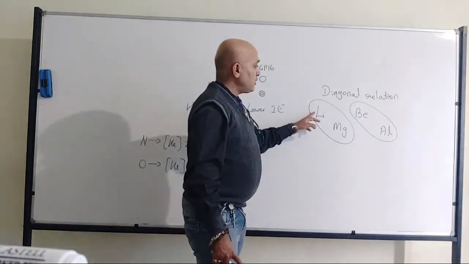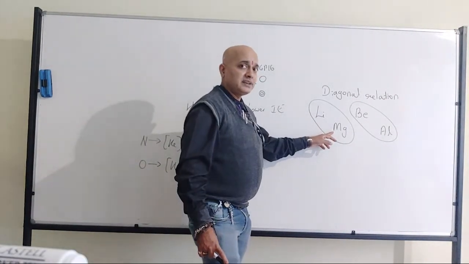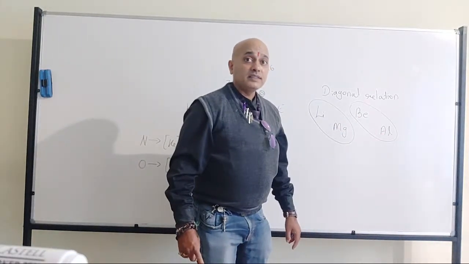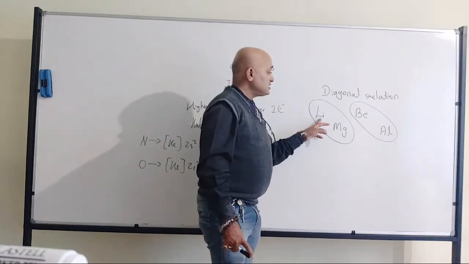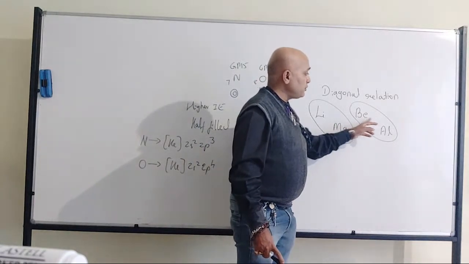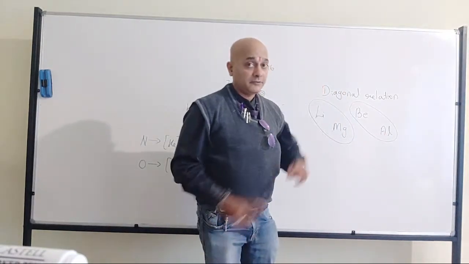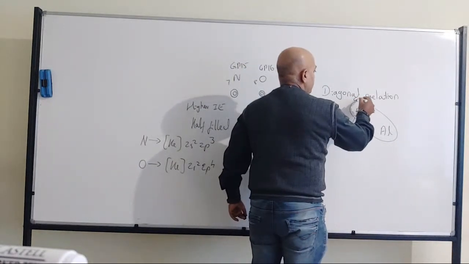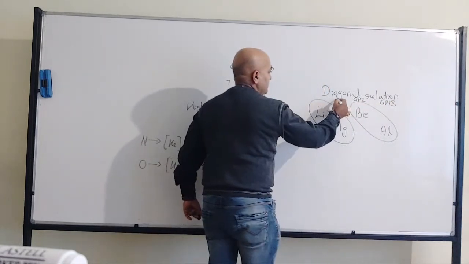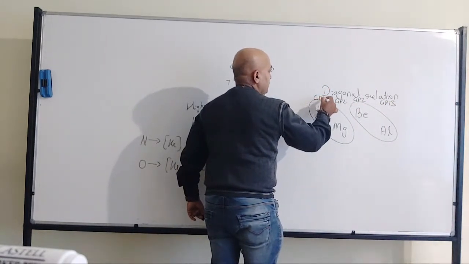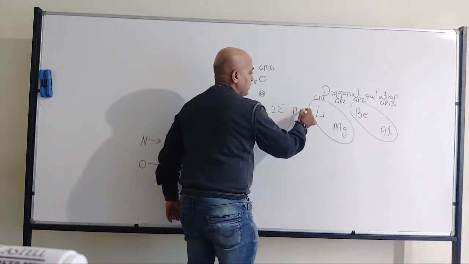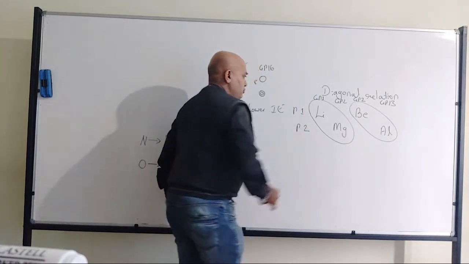So this belongs to period 2, this belongs to period 3. This belongs to period 2, this belongs to period 3. And another thing is, this belongs to group 1, this belongs to group 2. This belongs to group 2, this belongs to group 13. So here it is group 2 and group 13, and here group 2 and group 1.